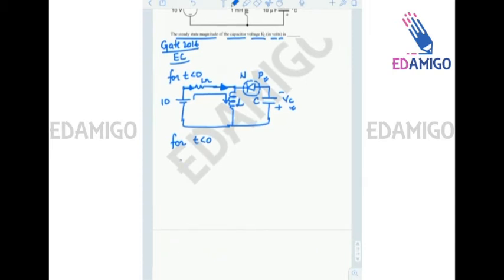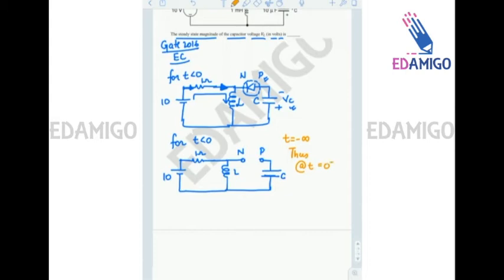by open circuiting the diode, then the circuit will be in this format. So this is open. So capacitance is actually not in the circuit for t less than 0. Now easily I can see that since this circuit was created at t equals minus infinity, at t equals 0 minus, that is for a very long duration, the circuit was in this format.